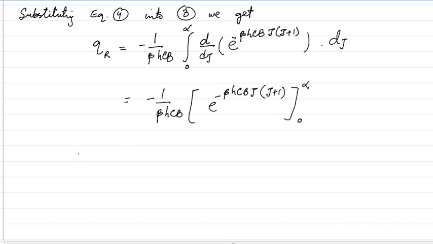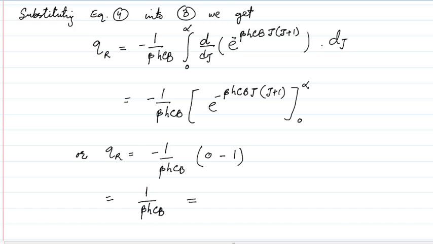So this can be written as minus 1 upon beta hcb. This is first, if you introduce in place of j first to infinity, then it will be 0. This part will be then equal to minus 1. So it will be equal to minus minus will be plus. So it will be 1 upon beta hcb.